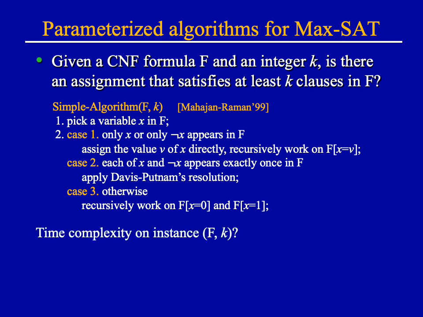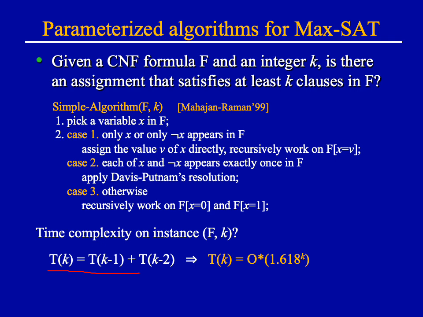The complexity of this algorithm is given by this recurrence relation, which gives a result that in terms of the parameter k, the algorithm runs in O star of 1.618 to the k. Recall that the big O star means we ignore a polynomial factor.